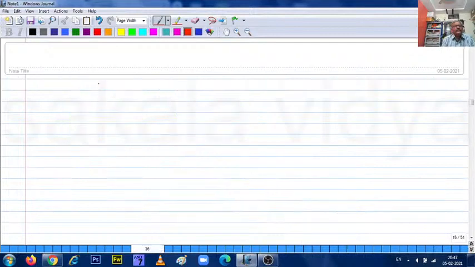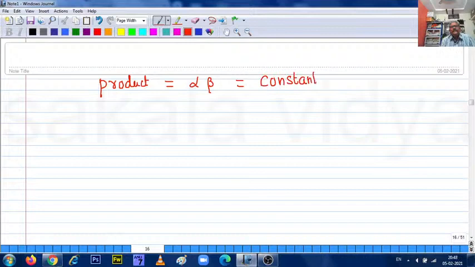Next, product equals alpha beta. Actually that is constant term upon coefficient of x square, c by a.